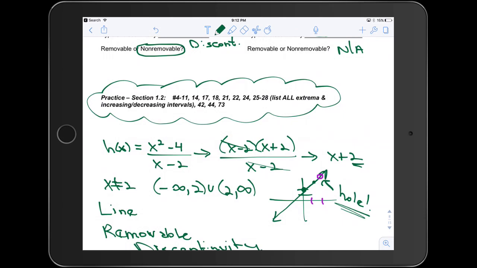Once you get to that practice, you're going to do 4 through 11, 14, 17, and so on. If you have any questions about that, just let me know. Once you do it once, you're going to be like, yeah, okay. But it's kind of weird initially because you do have to go through all the book's instructions till you get to the practice, or what people typically like to call homework problems.